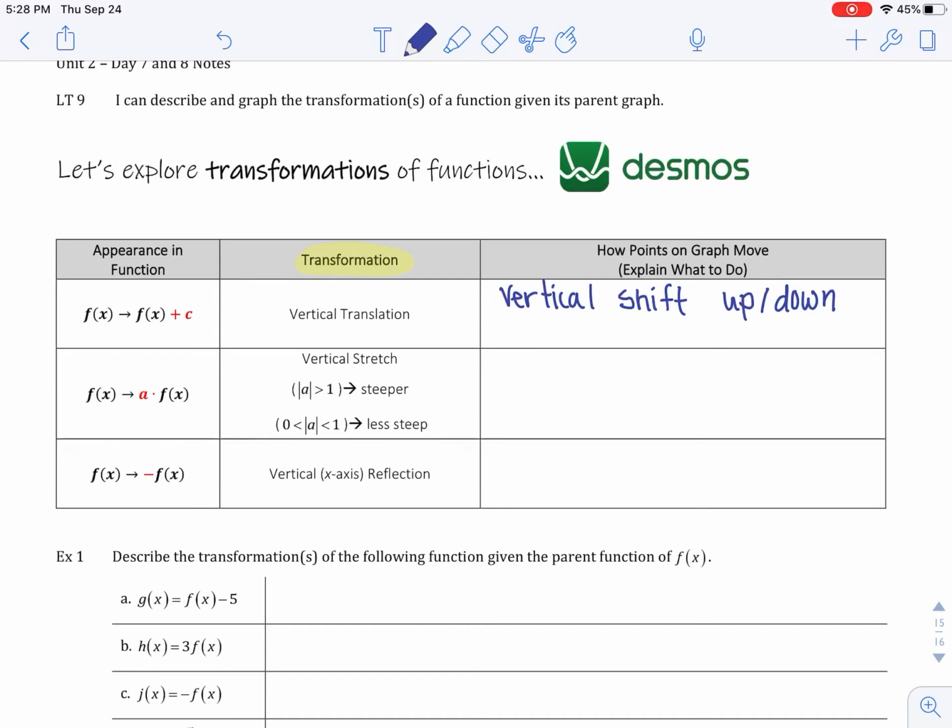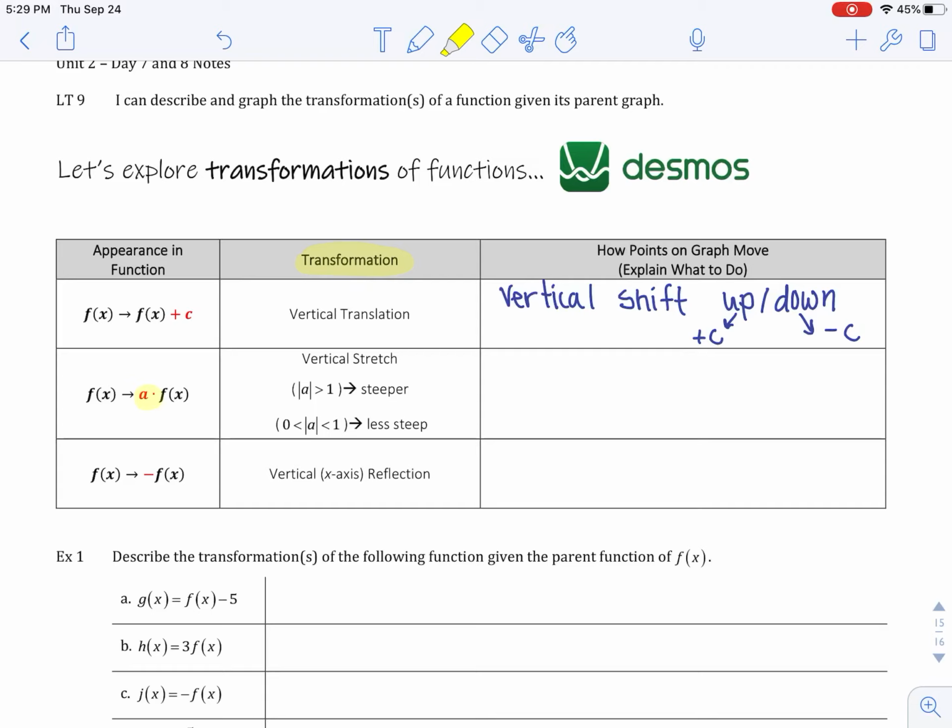So let's think, if it's going to be a positive C, that means I'm going to move it upward. And if it's going to be a minus C at the end, I'm going to move it down. If I give you an equation and you have a number out in front, that's a stretch.